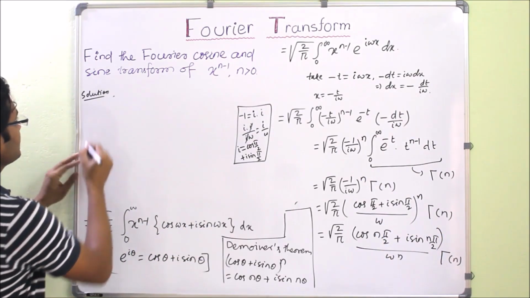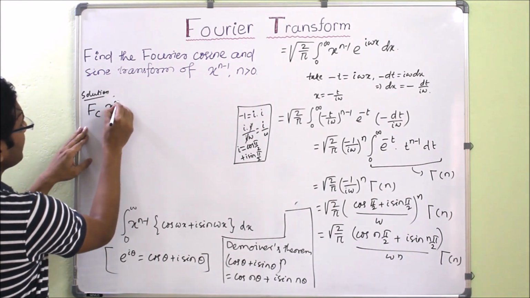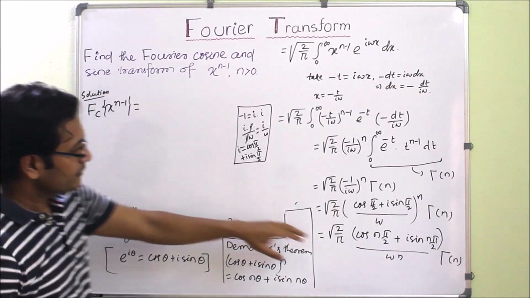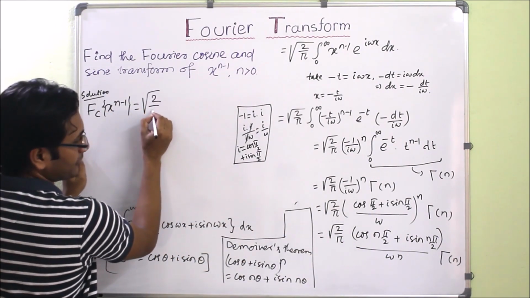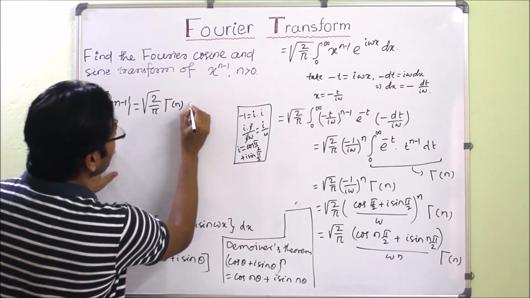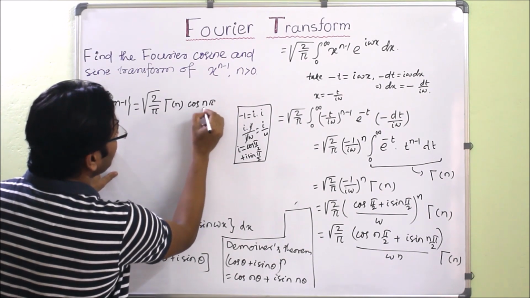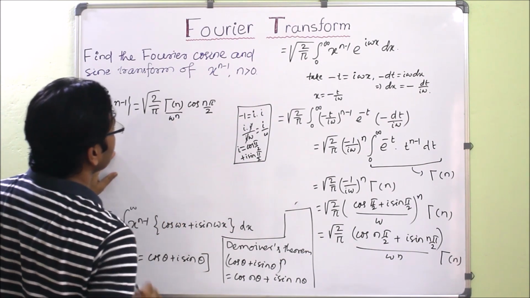Hence the answer: Fourier cosine of x to the power n minus 1 will be the real part of this, so square root of 2 by pi gamma n into cos n pi by 2 divided by omega to the power n.